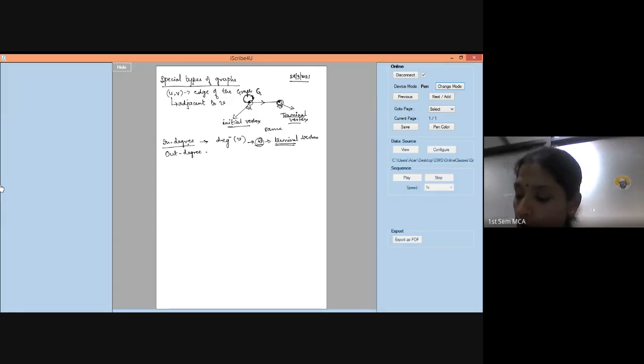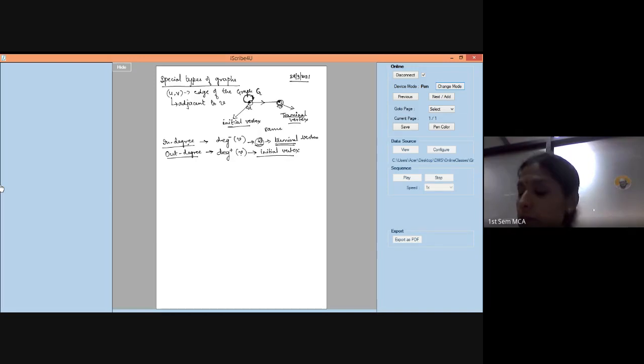We also have what is called out degree. Out degree is represented as degree with a plus sign, and v. What does this mean? These are the edges for which v is the initial vertex. If we count that many edges, then we get the out degree of that particular vertex. Are you clear?